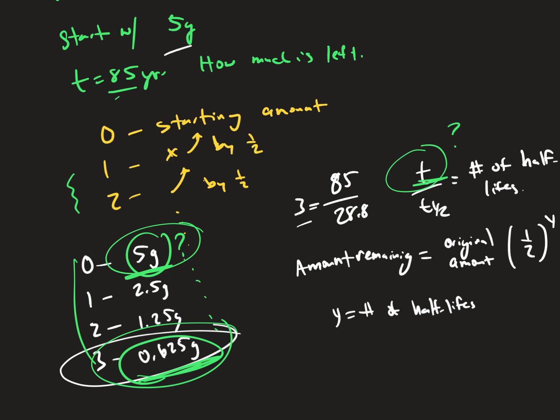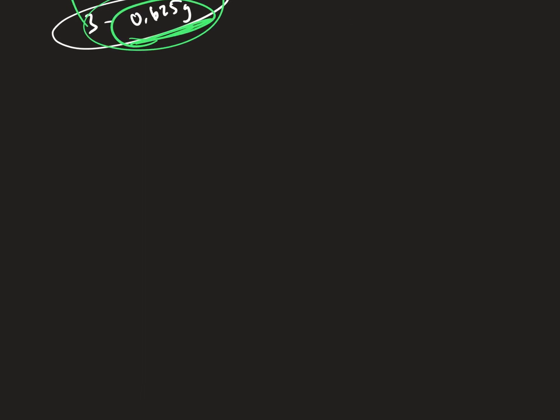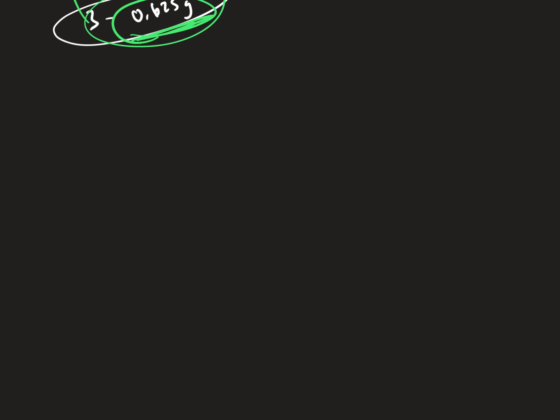So let's do some. On the back page of your worksheet, it says calculate the following quantities. So gold-198 has a half-life, so T 1/2, of about 2.67 days.